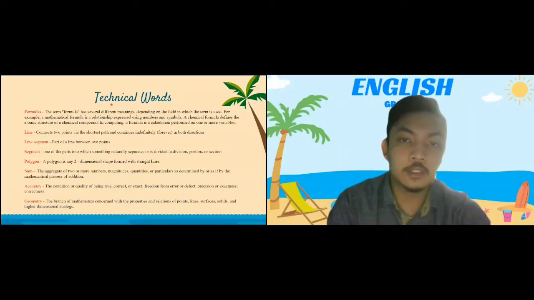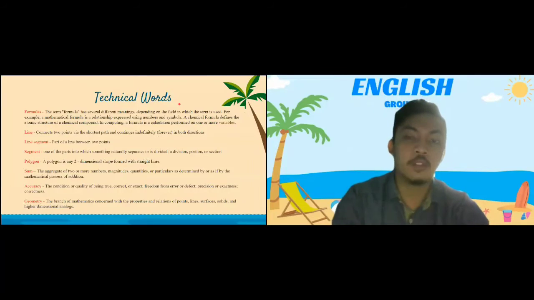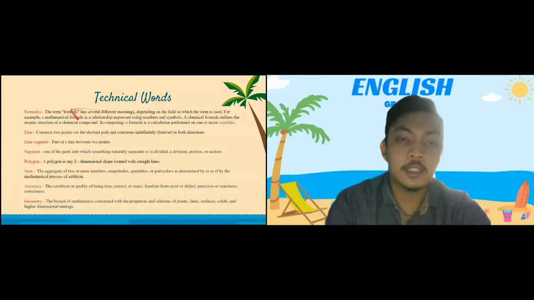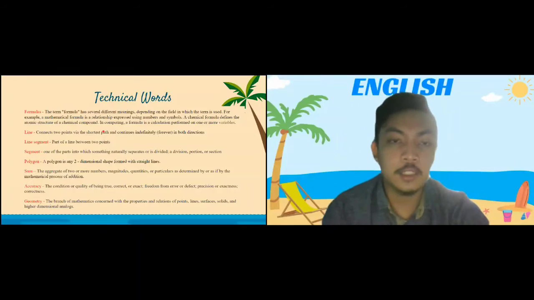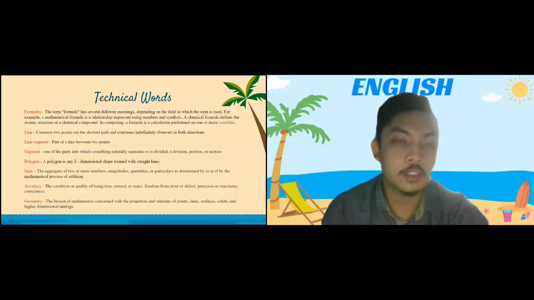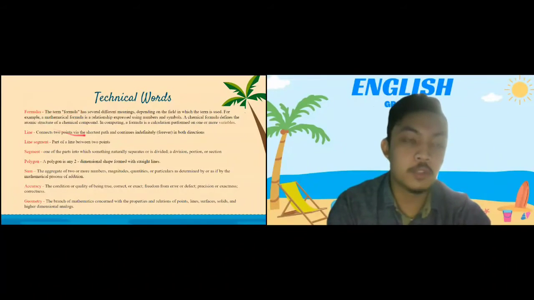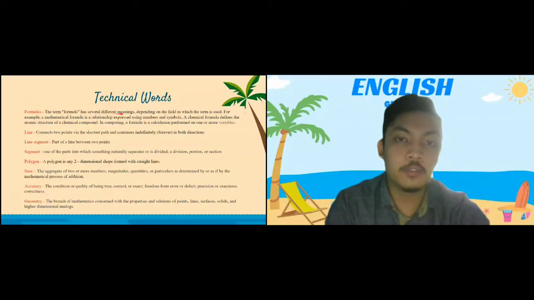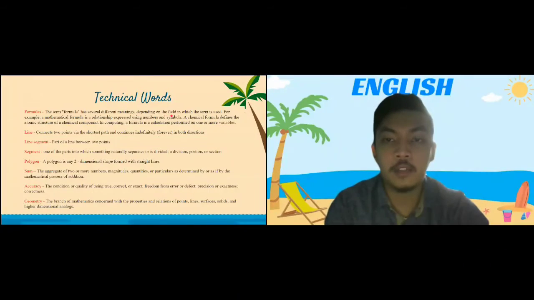Next, we would like to talk about technical words. In paragraphs 4 until 6, there are several technical words contained in the text. The first one is formulas. Formula has several different meanings depending on the field in which the term is used.